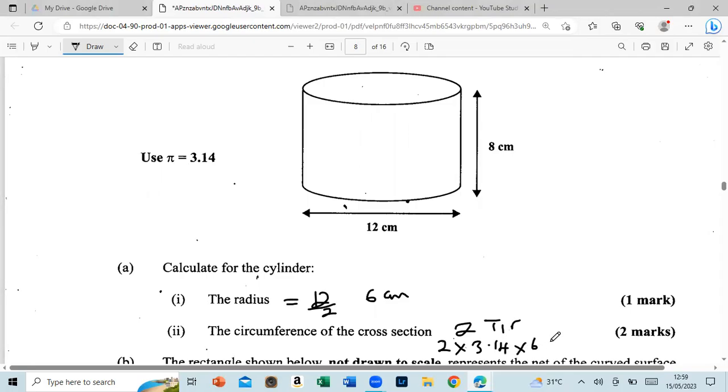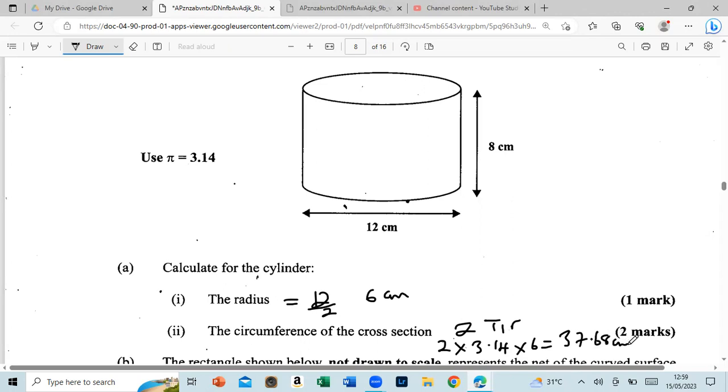Let's punch it up on my calculator. Use a calculator. Alright, so that works out to 37.68.